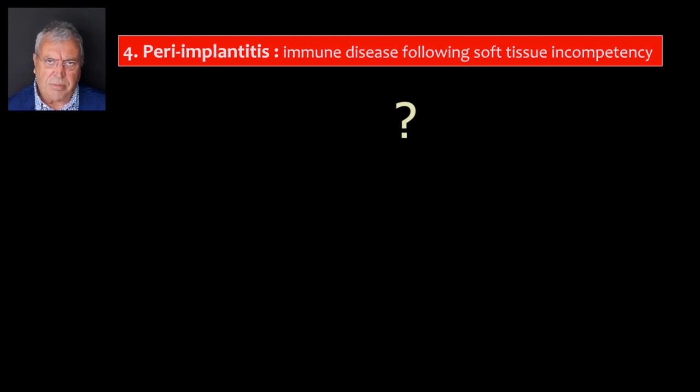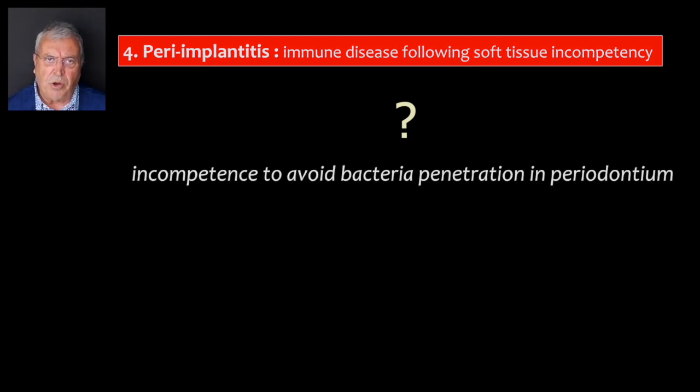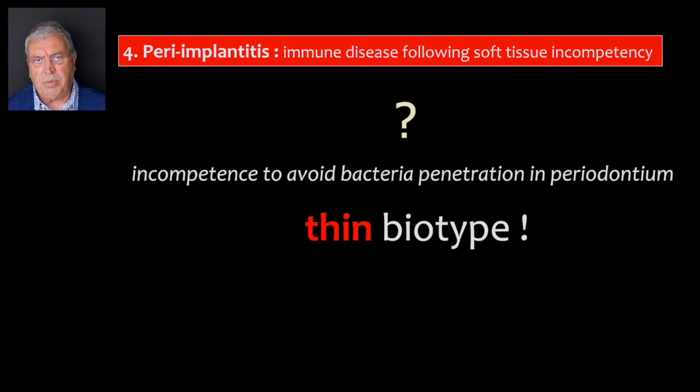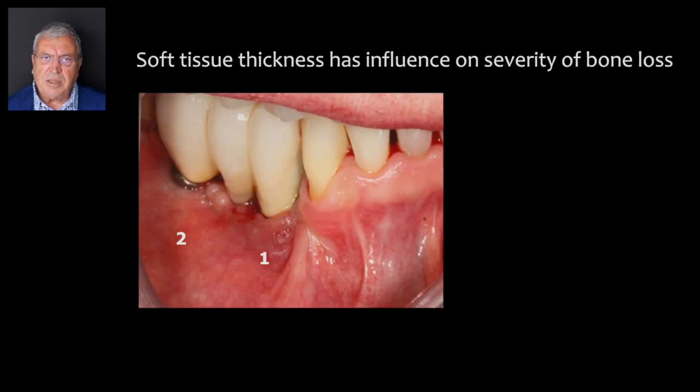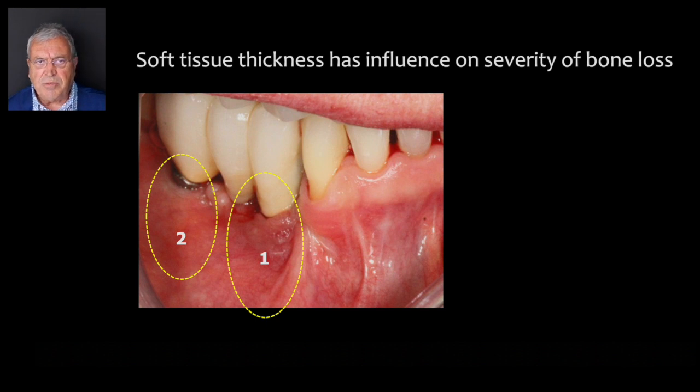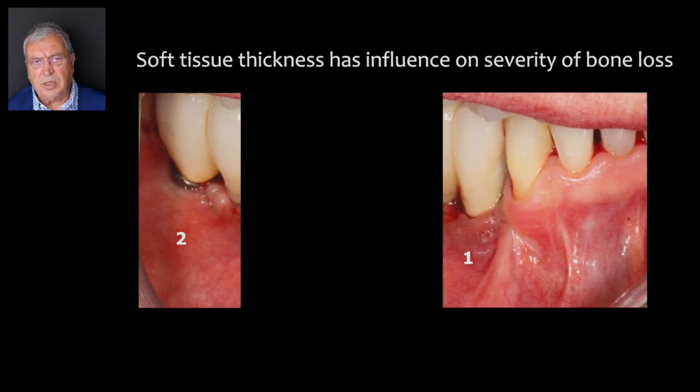Incompetence is the inability to prevent bacteria from penetrating into the periodontium. An incompetent tissue is a thin biotype. Soft tissue thickness has influence on the severity of bone loss, because the thinner the soft tissue, the more important the bone loss.